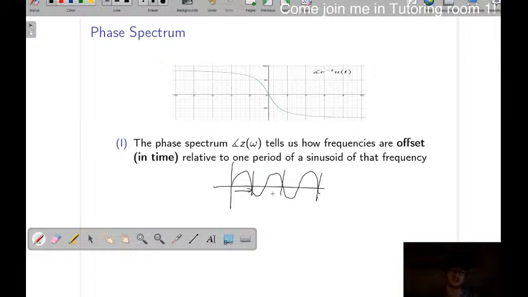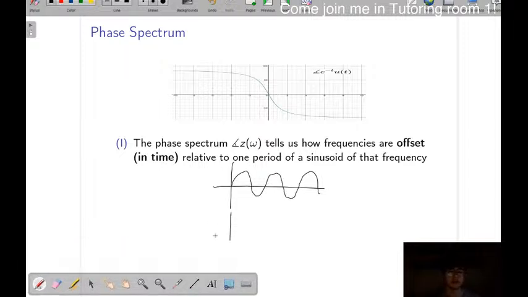It won't change if we shift it over one period or any multiple of periods. But what if we didn't shift it over by a full period? What if we shifted it over by half a period? This signal would look a bit different, actually. Let me draw it on there in a different color.